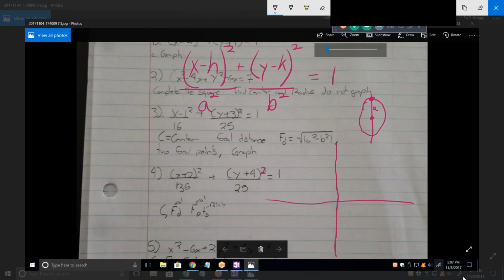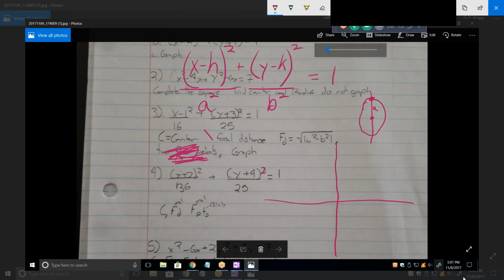So 2 and 4 is the center of the ellipse? No, let's go back and figure out what h is again. If h was 2, like you said, then that would have to read x minus 2. It doesn't. It reads x plus 2. Therefore, h is what? H has to be negative 2.